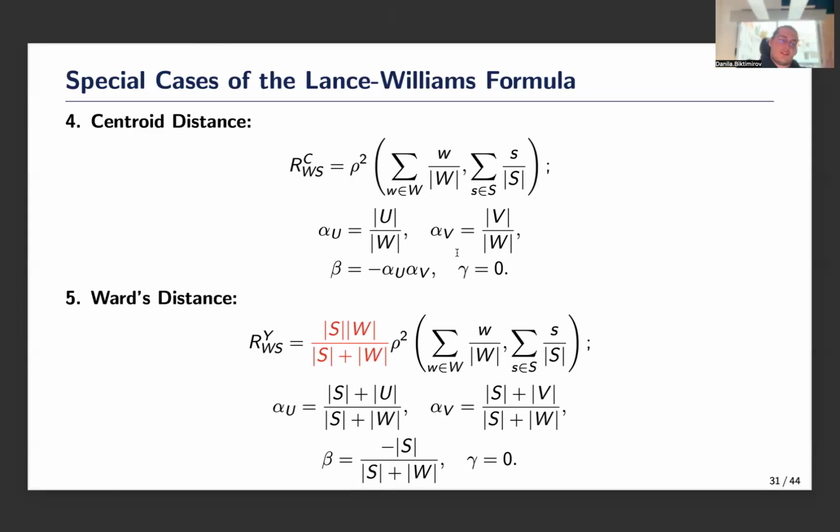There are many theorems proving that for each corresponding formula there are these parameters, just trust it. We don't need to prove it. We just need to understand that there are several distances for the Lance-Williams formula.